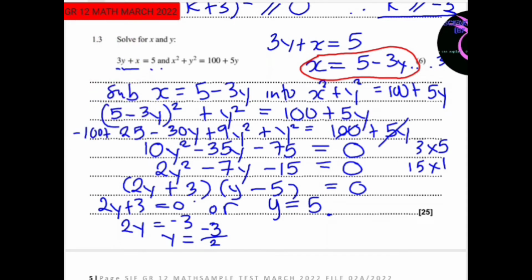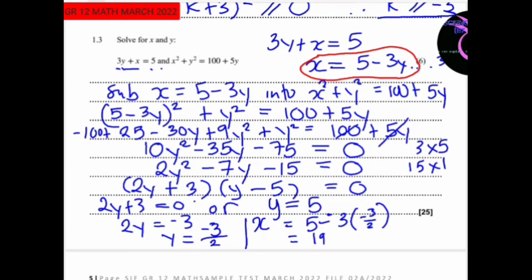So y equals minus 3 over 2. So x is now equal to 5 minus 3 times negative 3 over 2. This becomes 19 over 2. Just use a calculator.